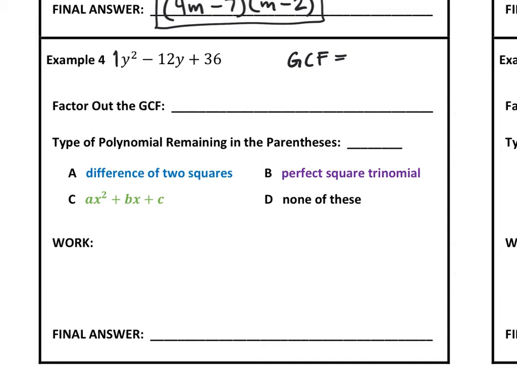So we have a GCF of 1, and so I can just copy the original problem because there was no GCF, and then we've got to figure out, is this a difference of two squares, a perfect square, or a table method? Well, it's not a difference of two squares because it has 3 terms. 1, 2, 3.